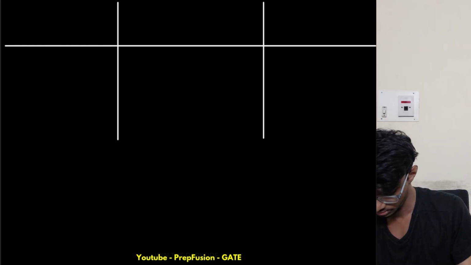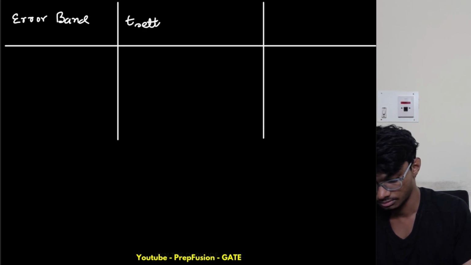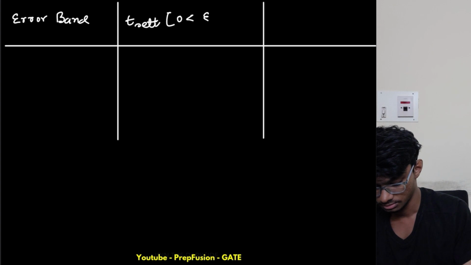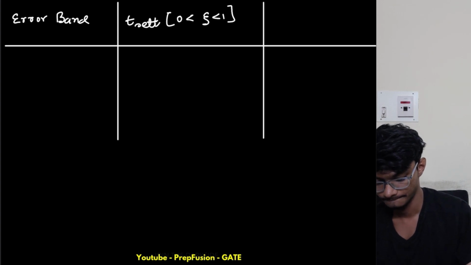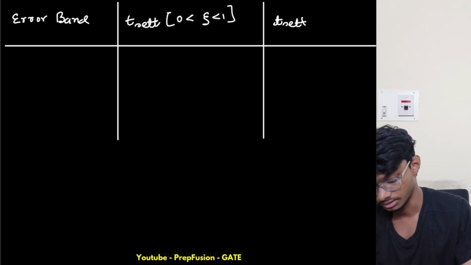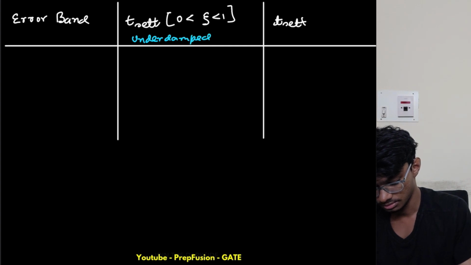So basically this is my error band, this is my T-settling, zeta less than 1, and this T settling is for underdamped. Okay, I will write here underdamped and this is for overdamped.